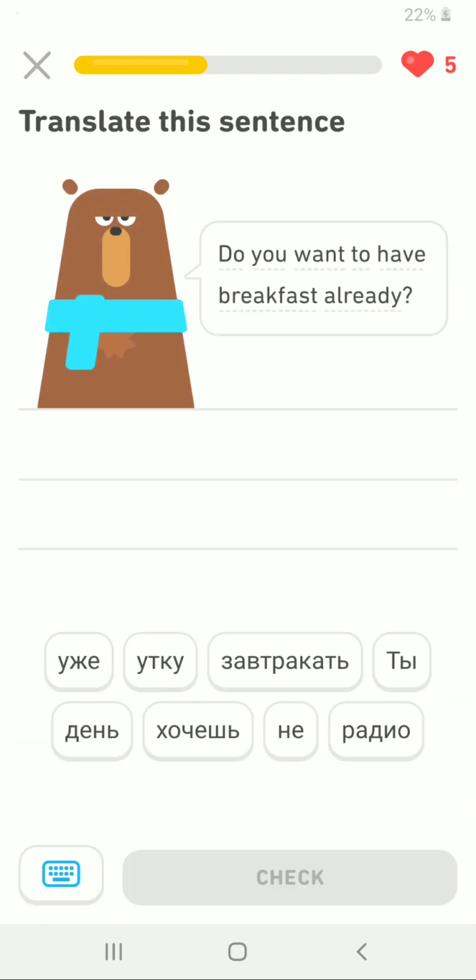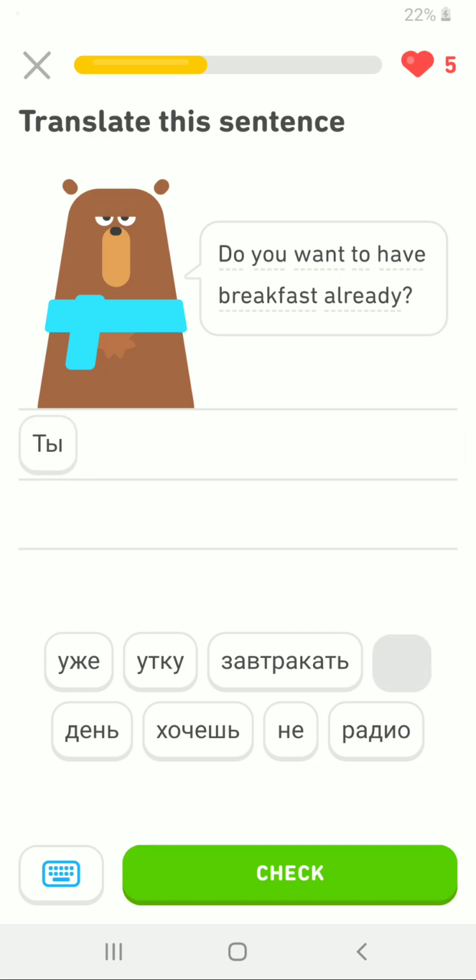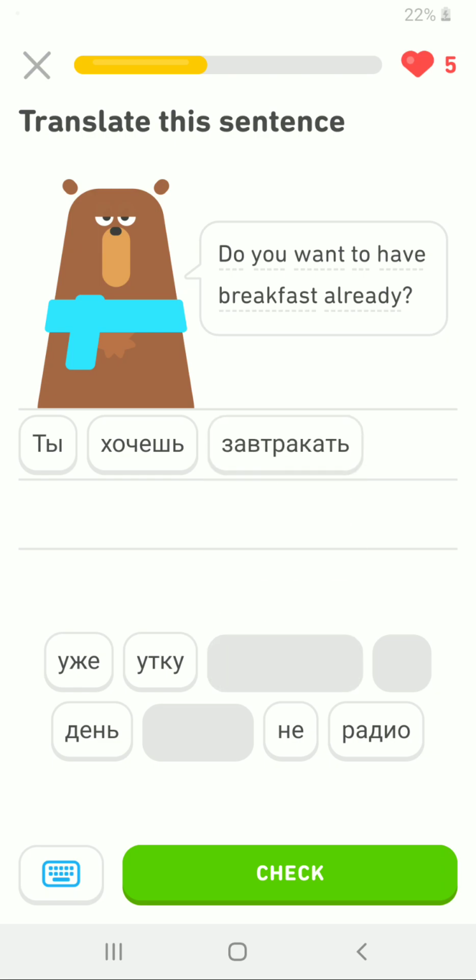Do you want to have breakfast already? How would you say this? Ты хочешь завтракать? So this is a verb. Завтрак is breakfast. To have breakfast, to eat breakfast, I'm having my breakfast.